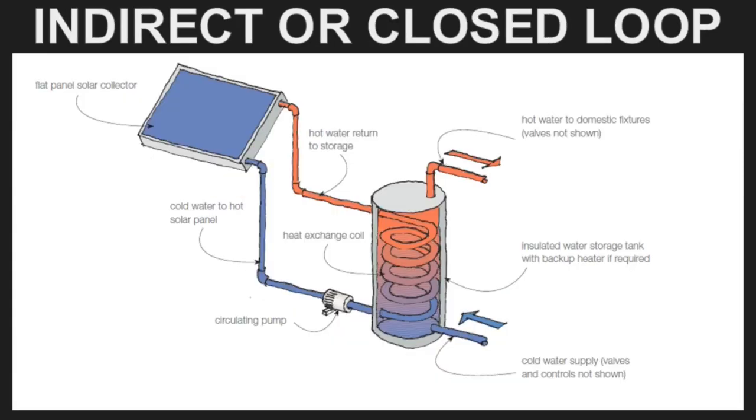Second, we have the indirect, closed loop system, wherein the water which moves in the circuit of the solar collector is different from the water which we use in domestic purposes and in the machineries. It has two independent circuits which work independently, and thus it is also known as an indirect heating system or a closed heating system.